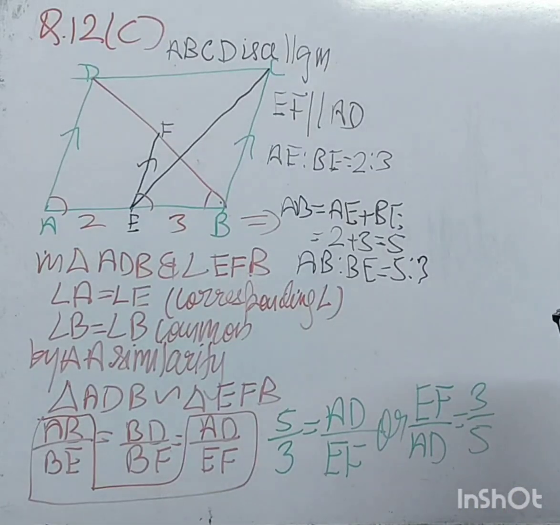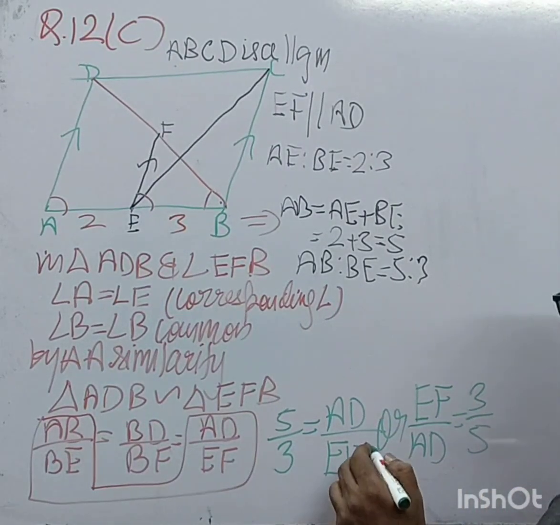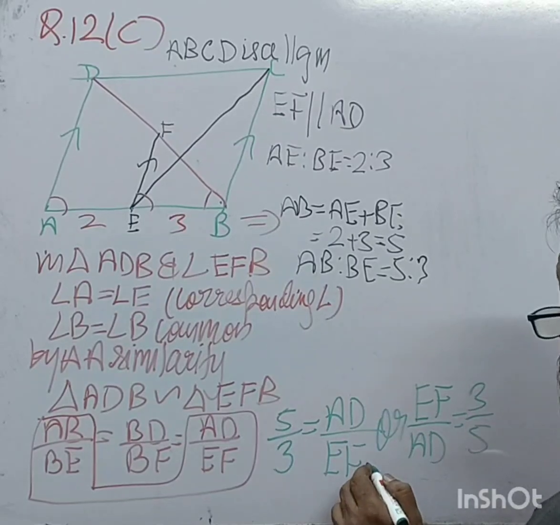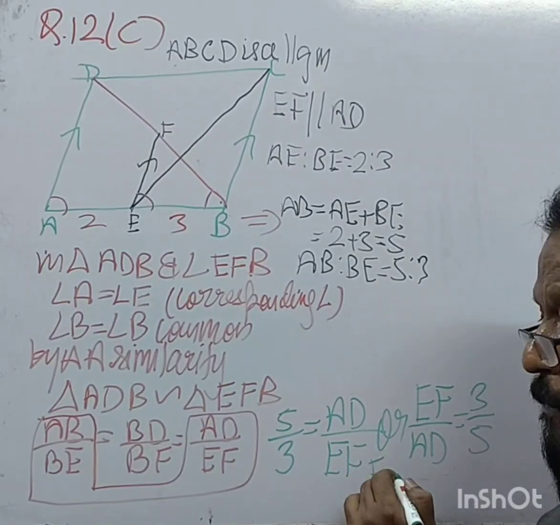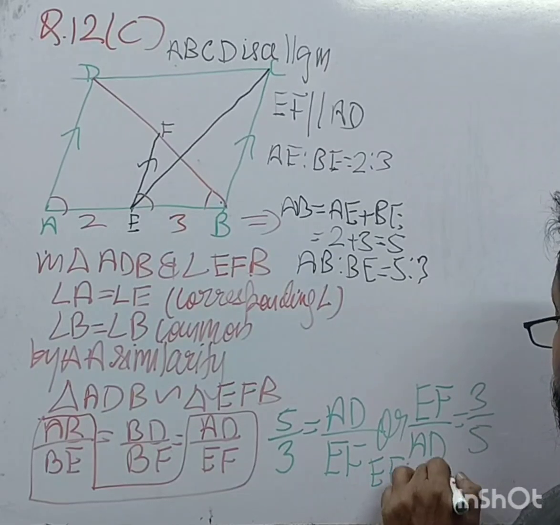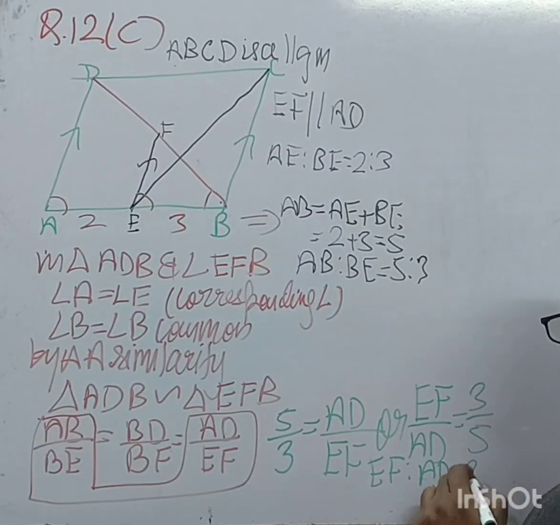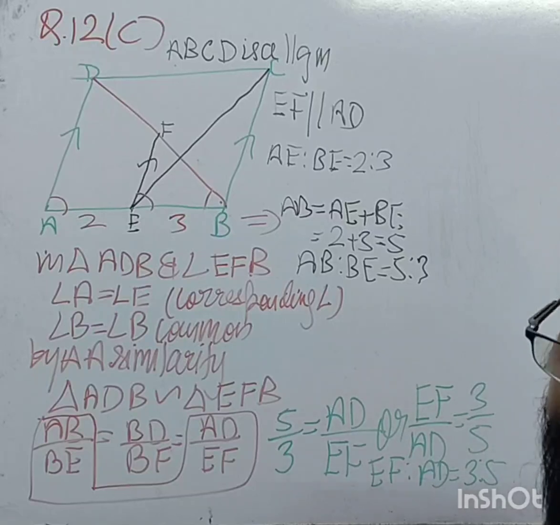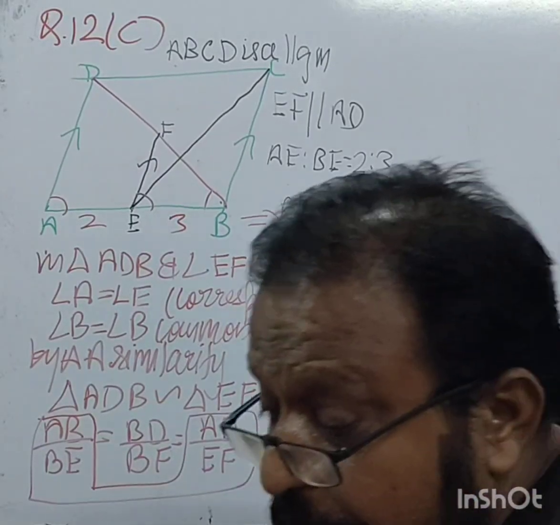You get the ratio EF to AD is 3:5. Right? What next you have?